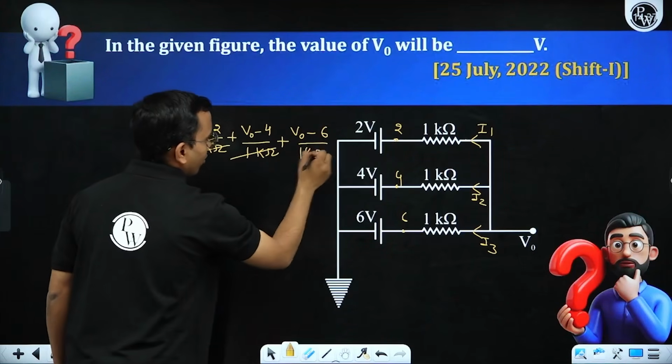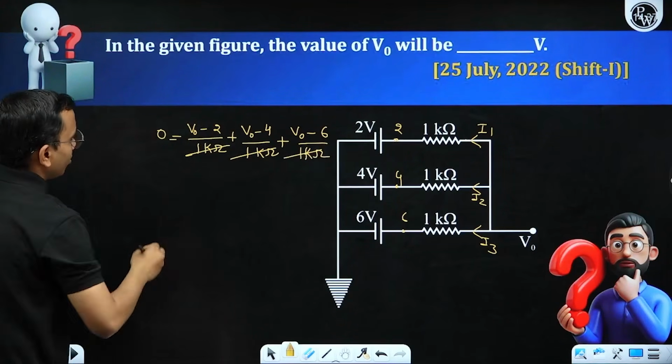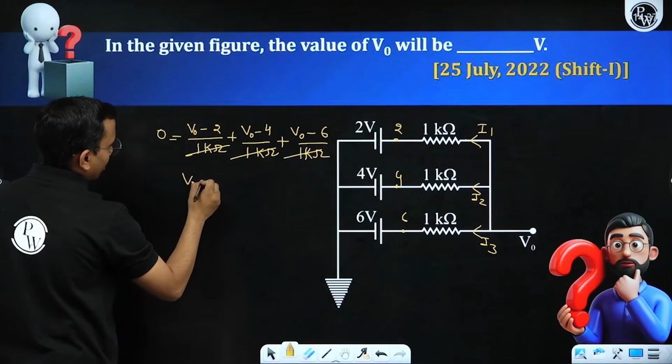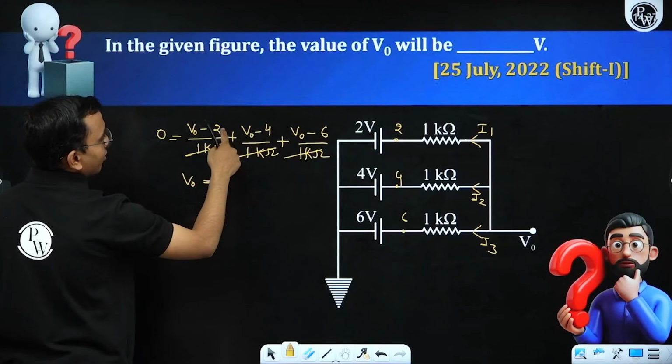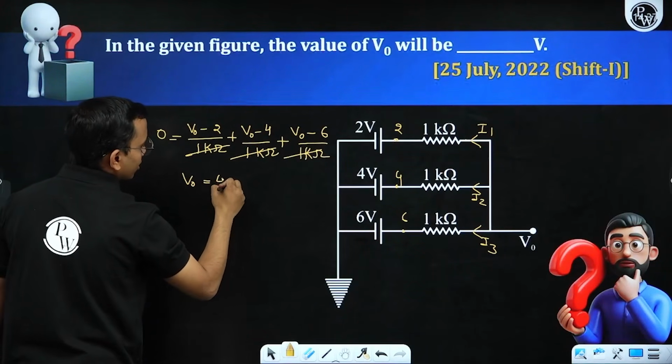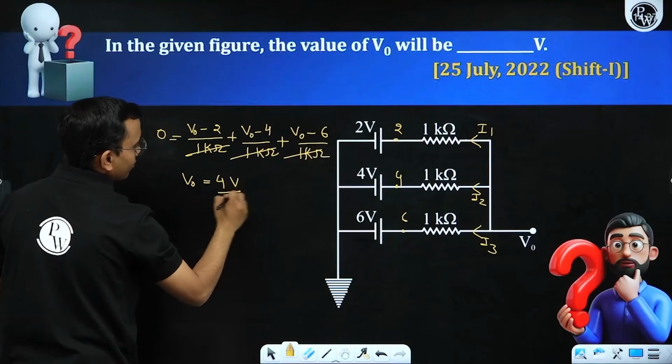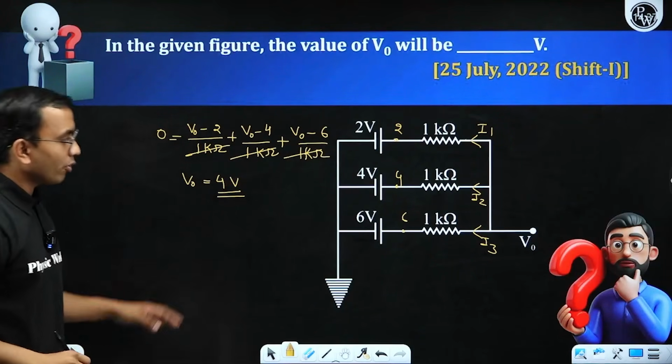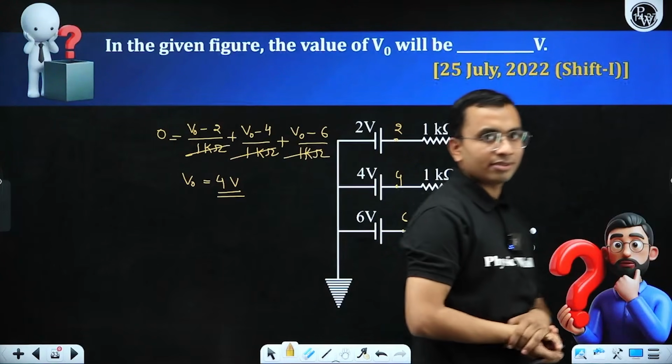Anyways, this 1 kilo ohm will go to the other side, and from here I will say that V0 comes out to be 6 plus 4, 10 plus 2, 12 divided by 3, that is 4 volt.